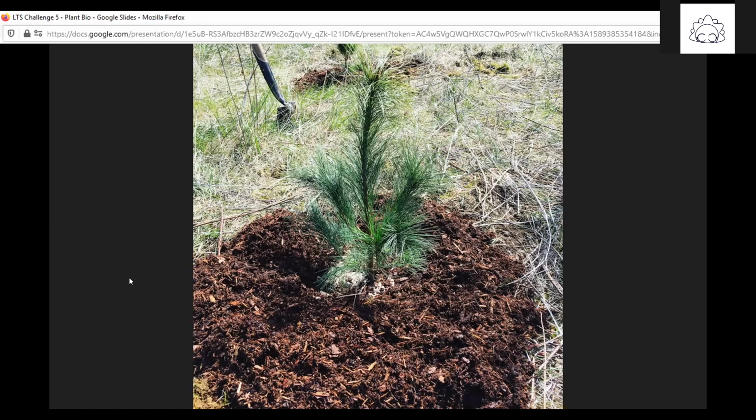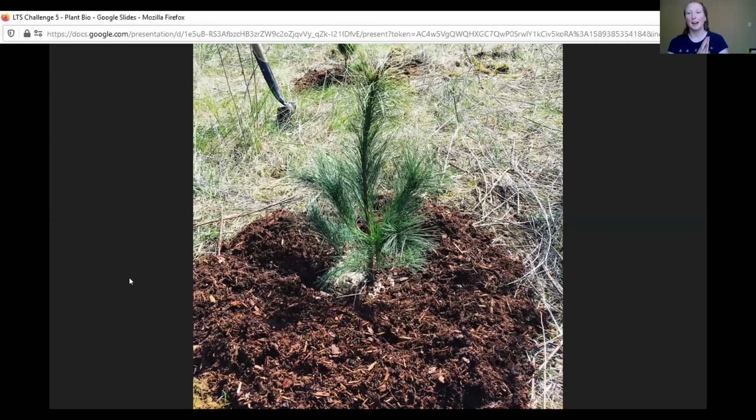Now, we also kind of sneakily used these hawks to help us out as well, because the main threat to our restoration sites wasn't people, it was actually rodents. So little mice, voles, rabbits would come and chew the baby trees that we had planted.